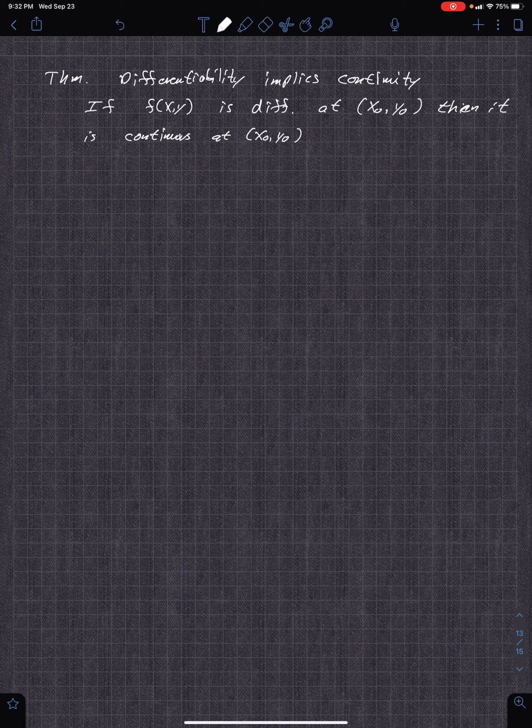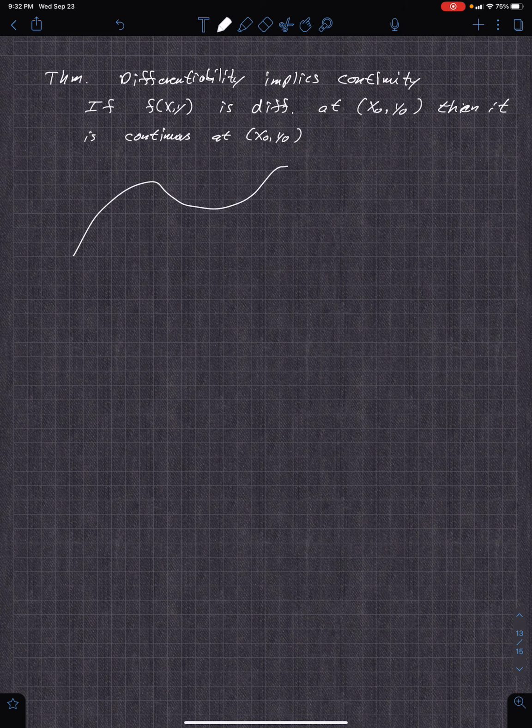And then if you want to make it everywhere, like in a region, then you just set that arbitrary in the region. Okay, so differentiability implies continuity. So that's when you get a function like that.